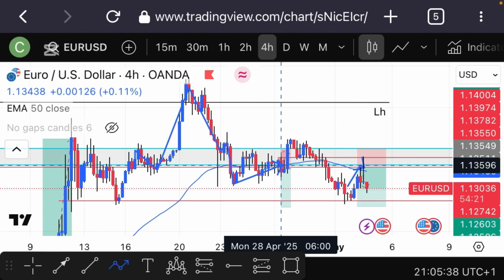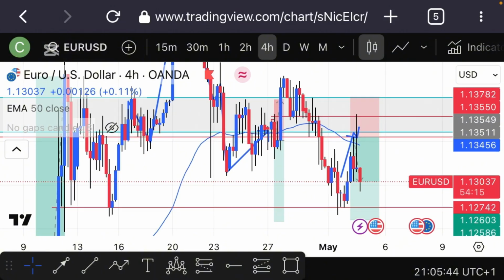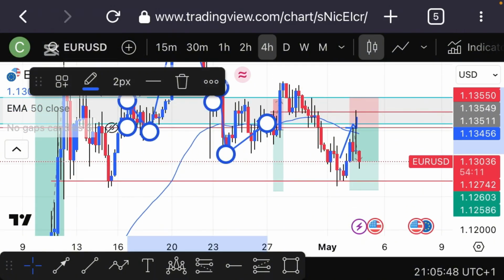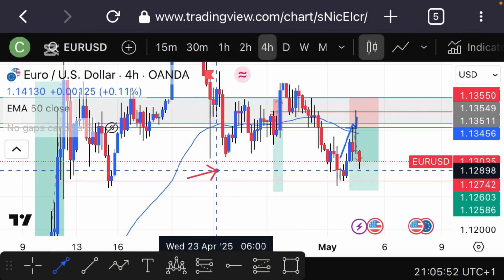So as you can see here, I entered this trade on this bearish engulfing candlestick on a Monday.